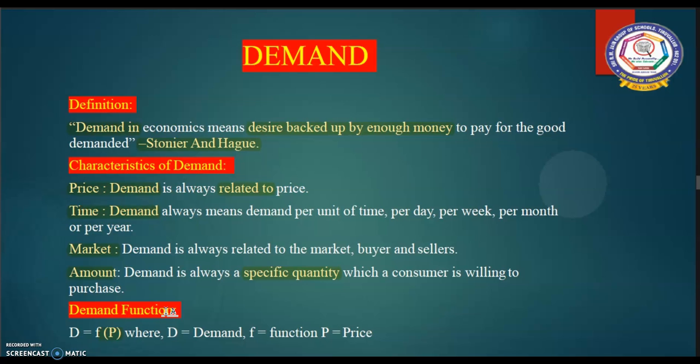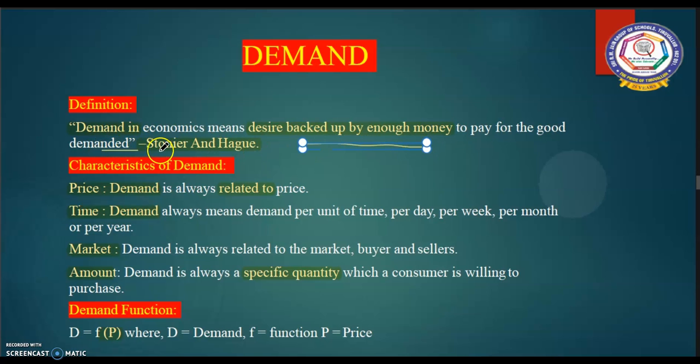Demand is essential for the creation, survival and profitability of a firm. If there is a demand for a commodity, then only the producer can produce it, isn't it? Demand in economics means desire backed up by enough money to pay for the goods demanded.